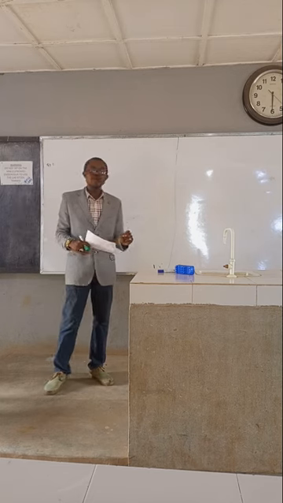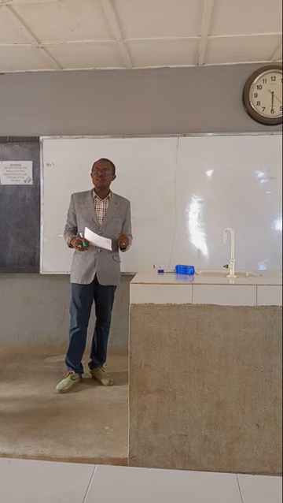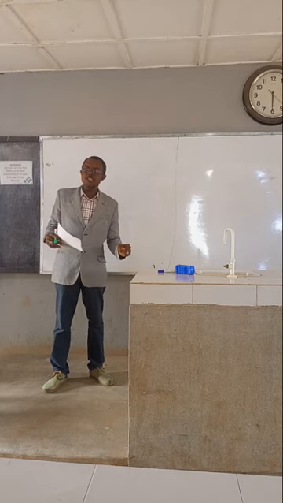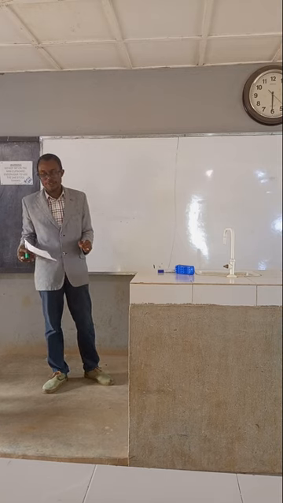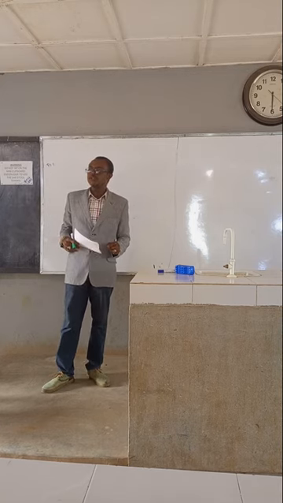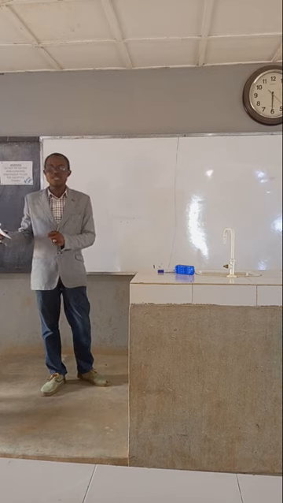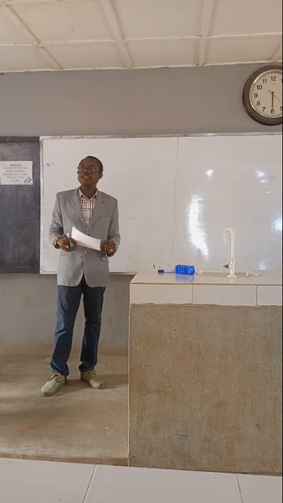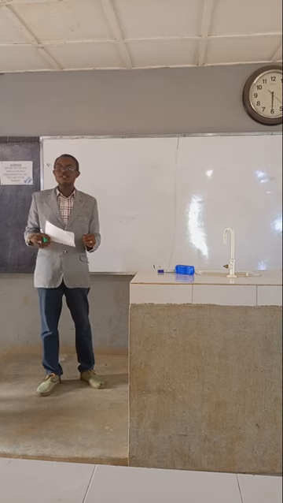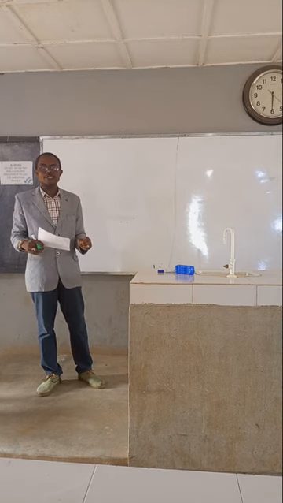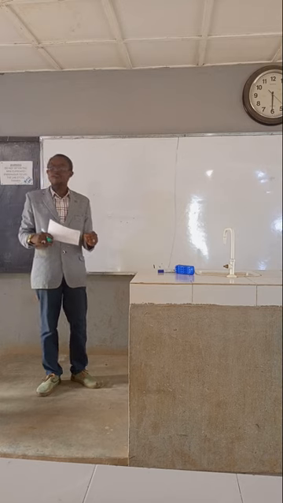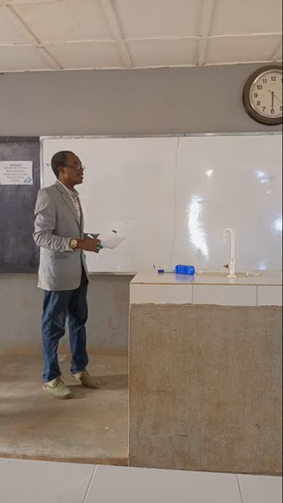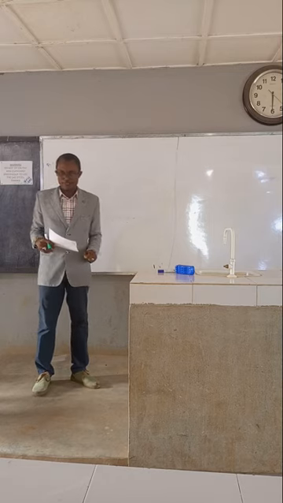Maybe with the help of your stopwatch, it took you 5 seconds to cover the distance between A and B. It means the average speed will be the 100 meters, which is the total distance covered, divided by the 5 seconds, which is the time taken. Whatever value we have is our average speed.